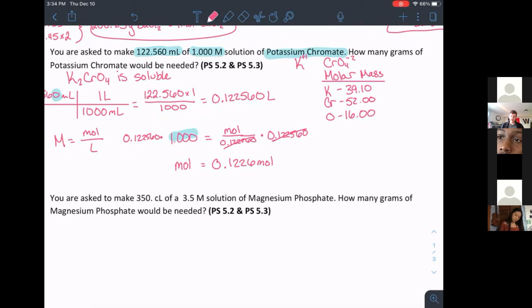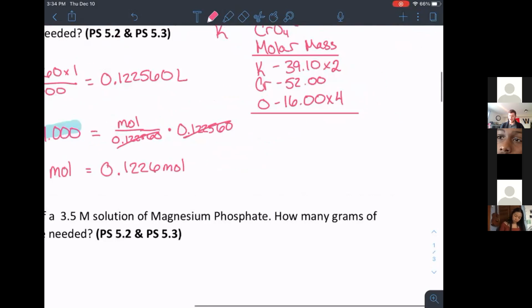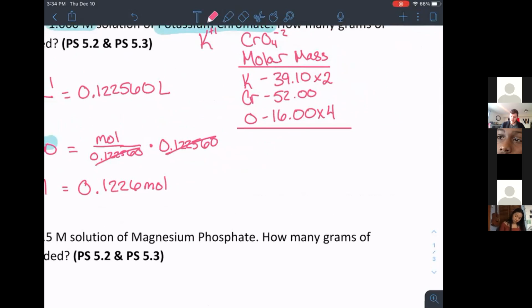We have 2 potassiums in our compound, so we multiply our potassium value by 2, and we have 4 oxygens, which means we're going to multiply our oxygen value by 4 to find our molar mass. When we add all those values together, we are going to get 194.20 grams of potassium chromate equals the 1 mole of potassium chromate.